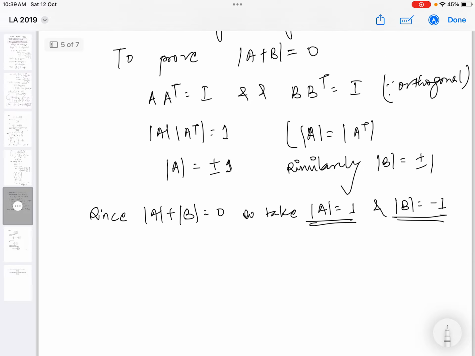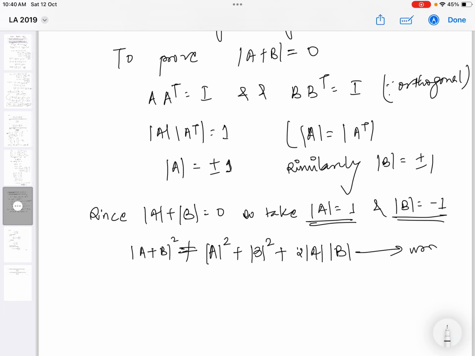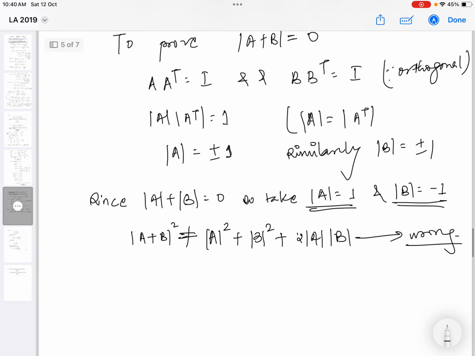Many times we tend to think along the lines of vectors, that the modulus of A plus B is A square plus B square plus twice of A plus twice of B. This does not happen in the case of matrices. In the case of vectors this is true, but in the case of matrices, this does not hold.